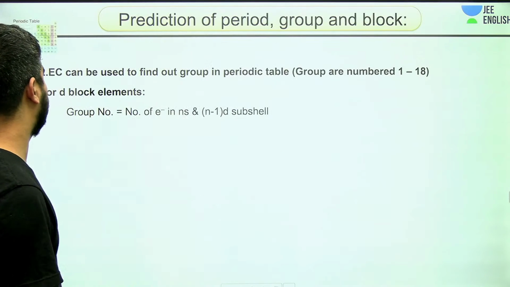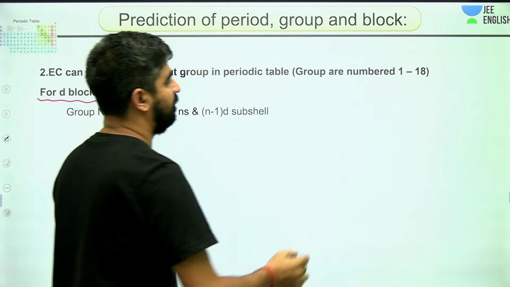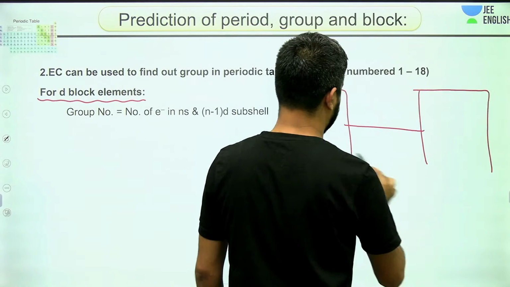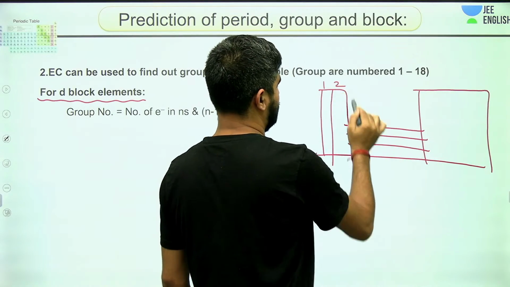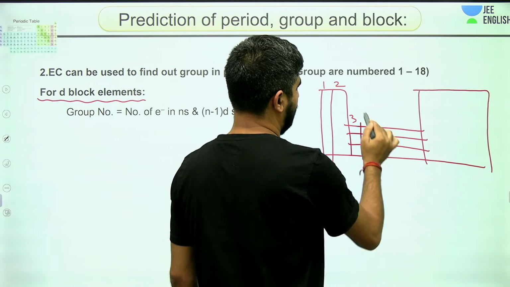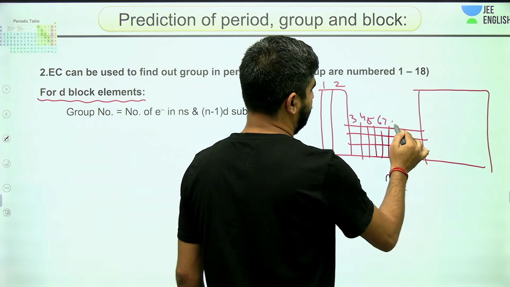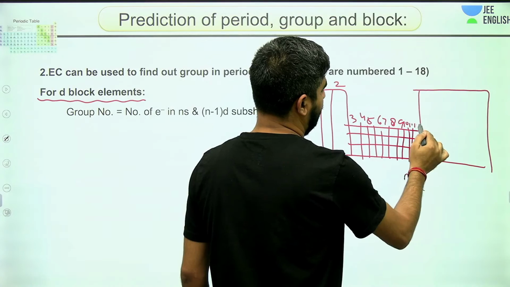So now let's talk about the D block. If I talk about the periodic table, guys, these are the D blocks, and this is 1, this is 2, we have here 3, 4, 5, 6, 7, 8, 9, 10, 11 and 12.